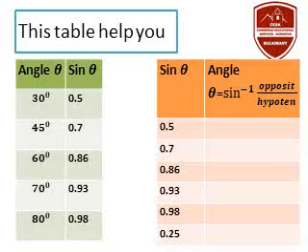So if sine theta equals 0.7, how much is theta? Theta should be 45.